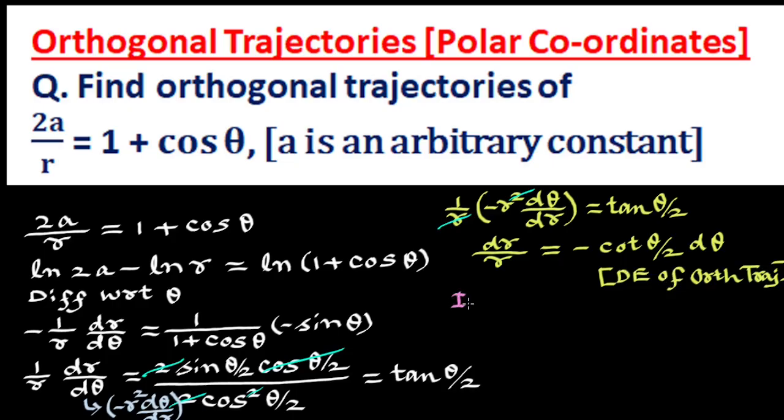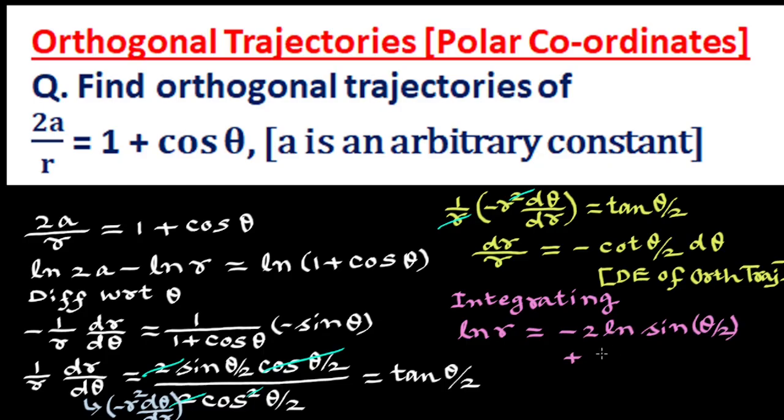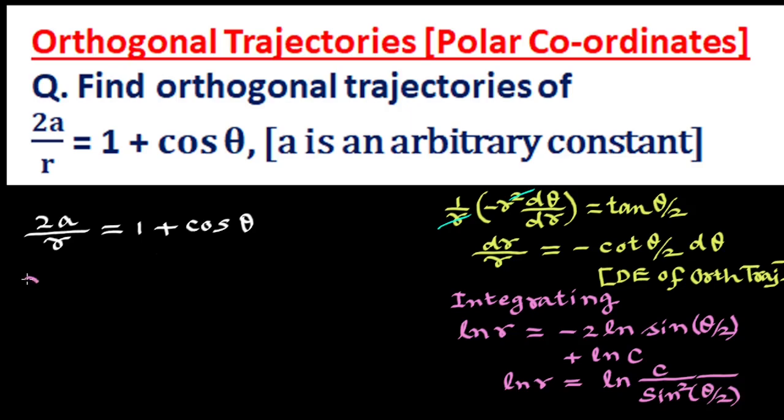Further integrating, we get ln r equals minus ln sin theta by 2 multiplied by 2 here plus ln c, constant of integration. Ln r equals ln c upon sin square theta by 2, or simply r equals c upon sin square theta by 2.